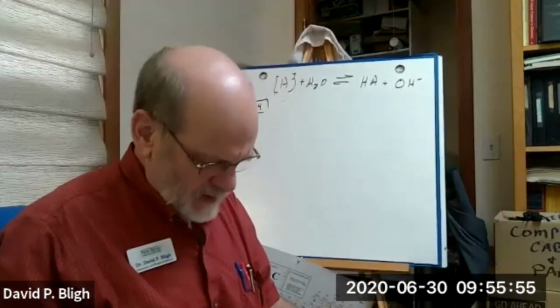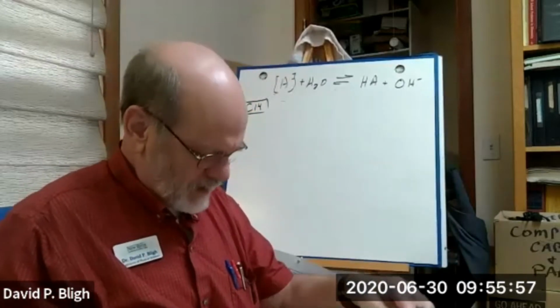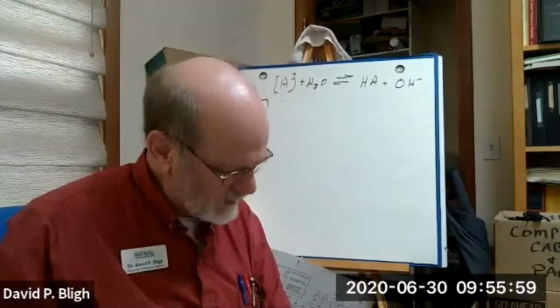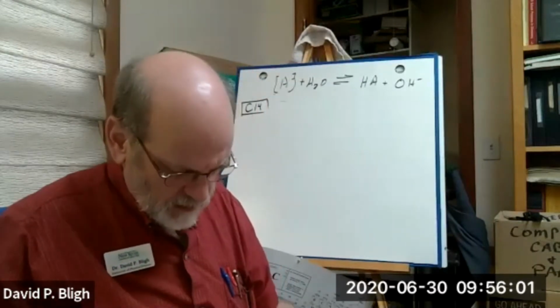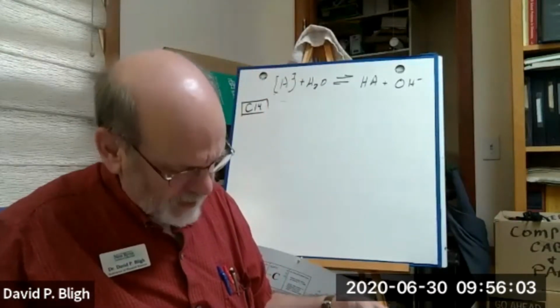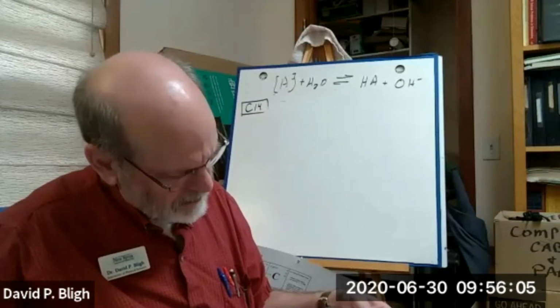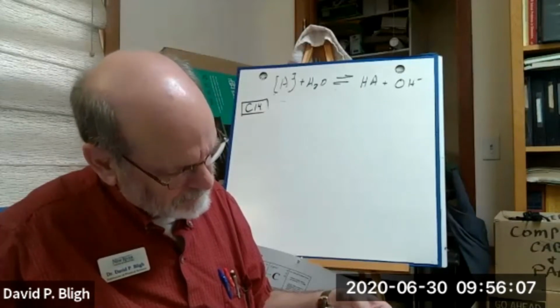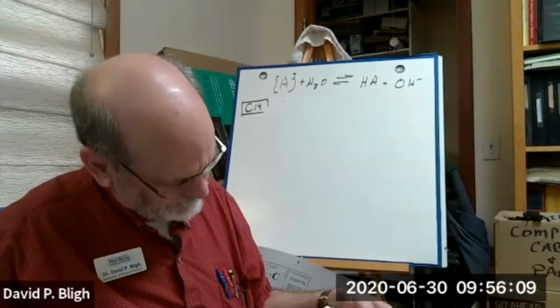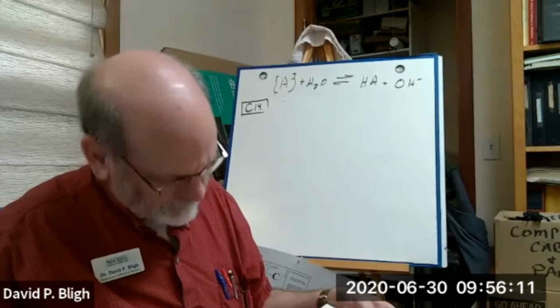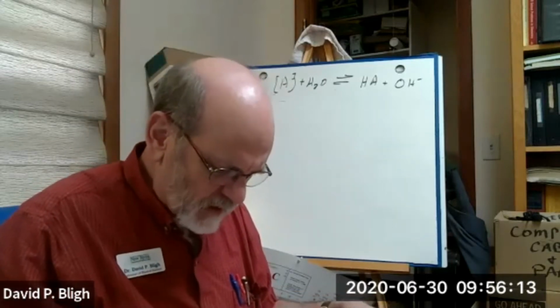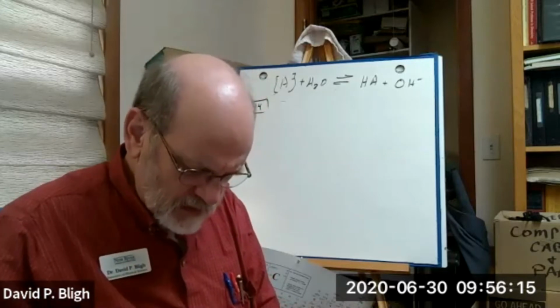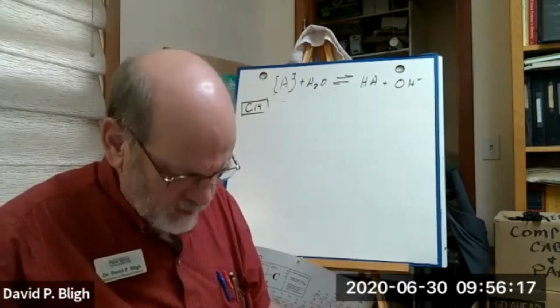Let me look ahead just a second and see if there's anything toward the end that we need to deal with. I don't want to miss getting anything in this chapter that's important. We haven't done any calculations of pH or ions at equilibrium yet.